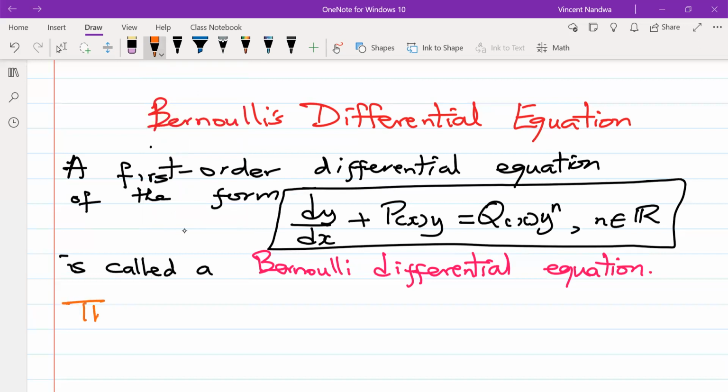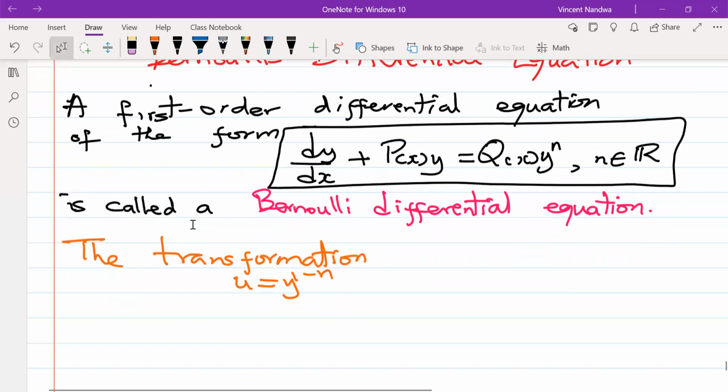So the transformation u equals y to the power 1 minus n reduces the Bernoulli equation into a first order linear equation in u.